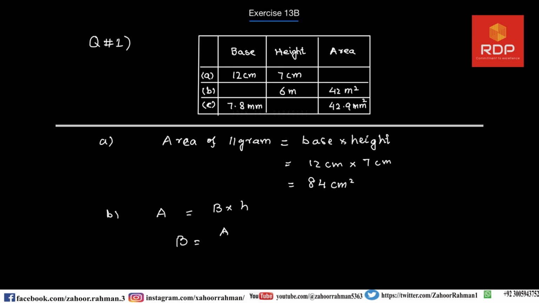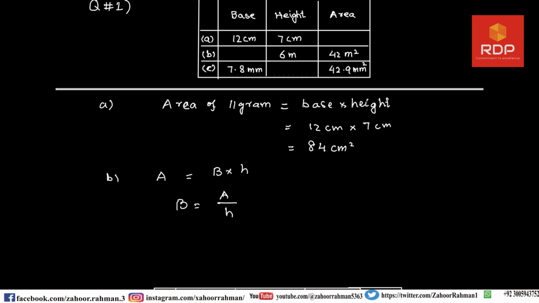So A divided by H. Simply we have to insert the values of area, which is given to us as 42 meter square, and the height is 6. So 7 centimeter will be the answer.